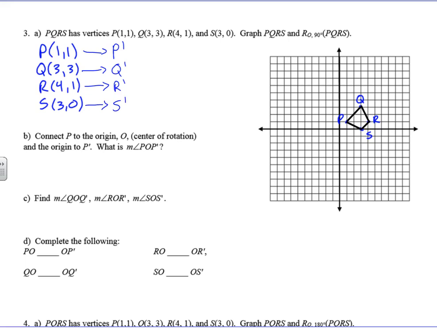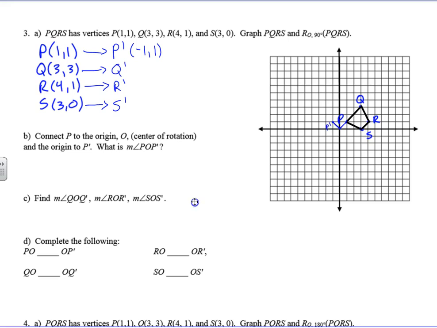Take P, turn it once to the left, and what do you notice? Well, that's now negative 1, 1. And then turn it back and write it down. Now, one of the ways you can check that is, does it create a 90-degree angle? So if you drew a line from here to here, does that create a 90-degree angle?